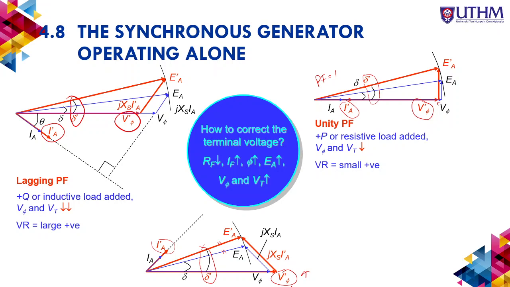If you still remember the equivalent circuit, there is an RF, a variable resistor over here, and this is EA.